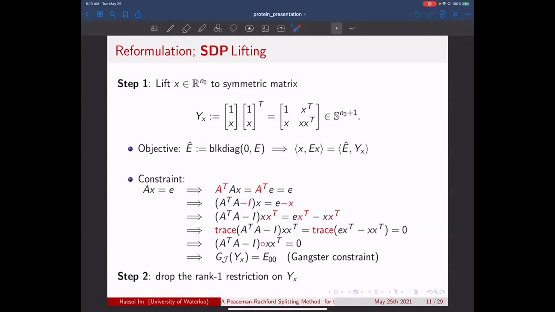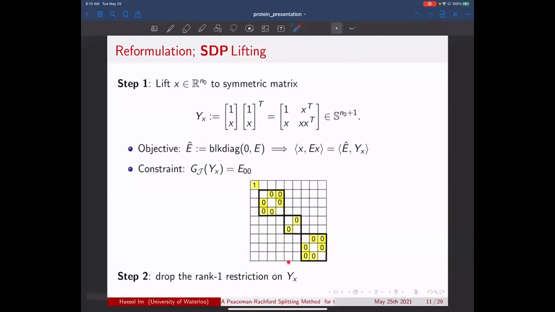I'm going to represent this constraint as a gangster constraint, which sets all the elements in this index set J to be equal to 0. This is easier to understand using a picture.